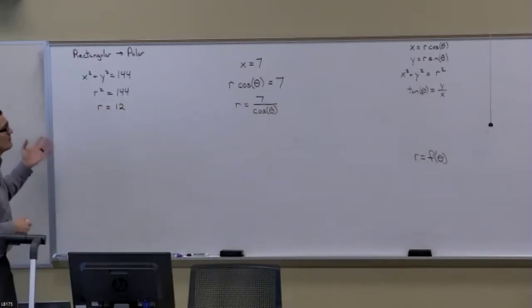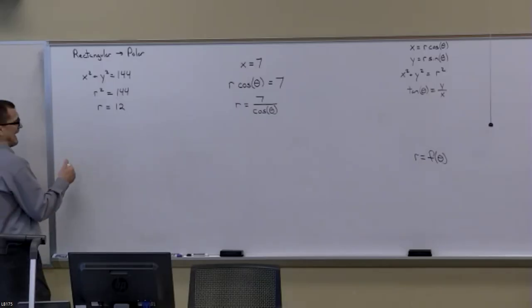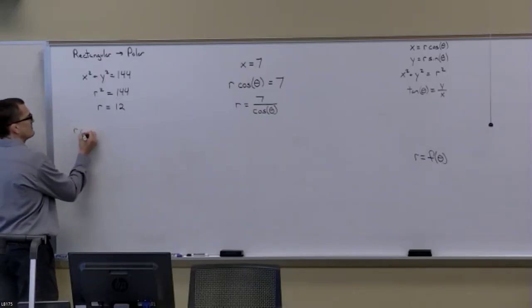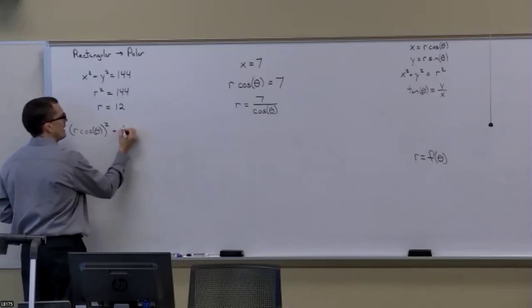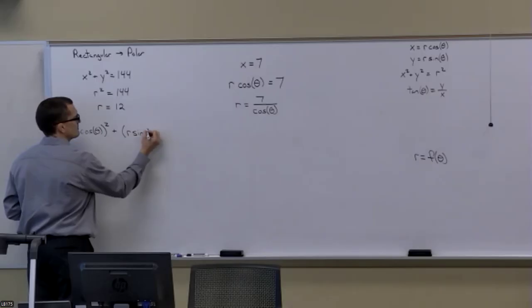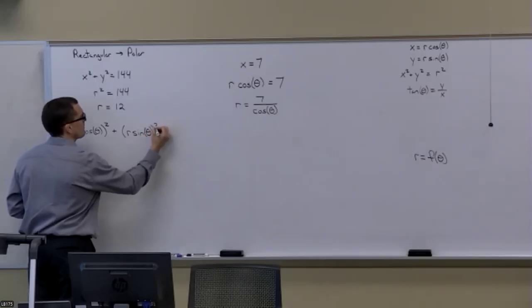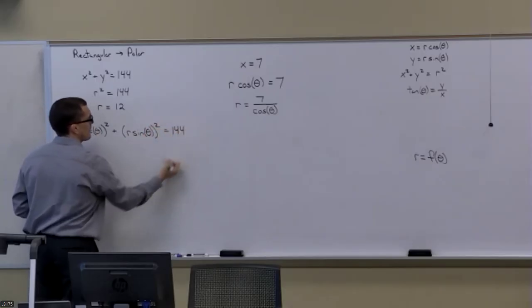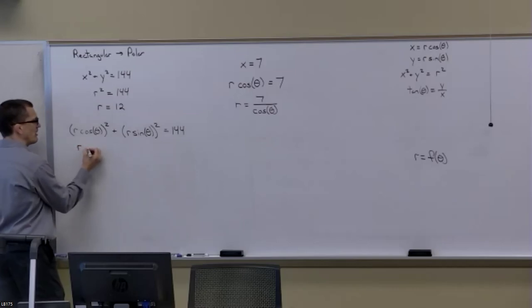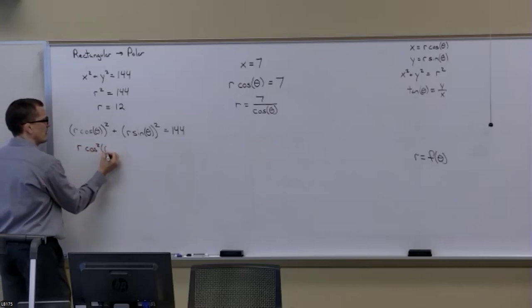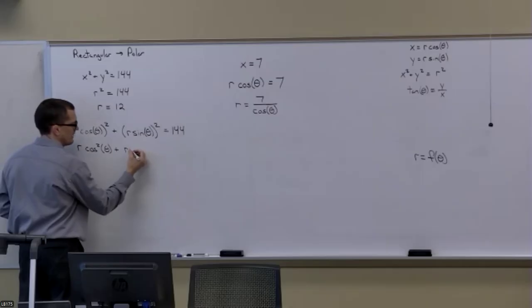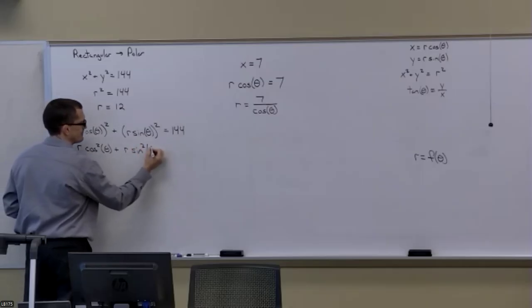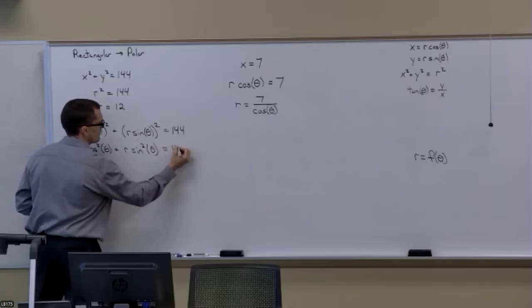So there you go. By the way, if somebody else said, actually, I wanted to replace the x with an r cosine theta and the y with an r sine theta, what's going to happen is you get r times cosine squared of theta plus r times sine squared of theta equals 144.